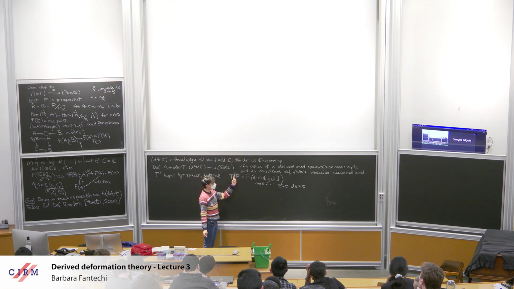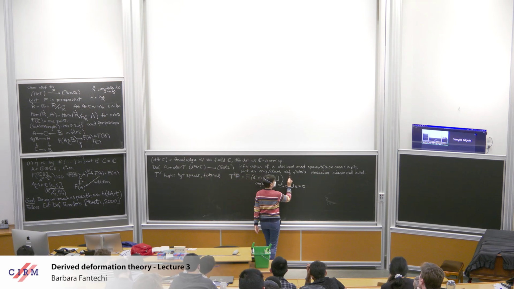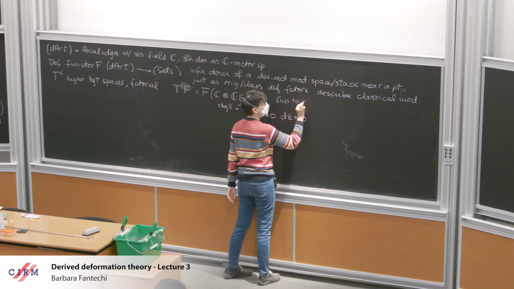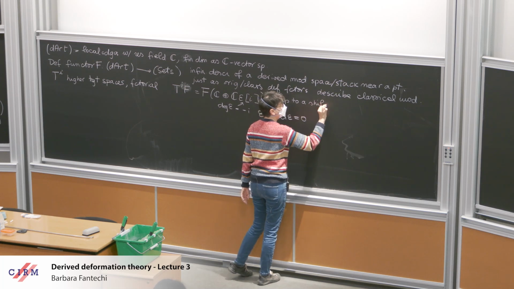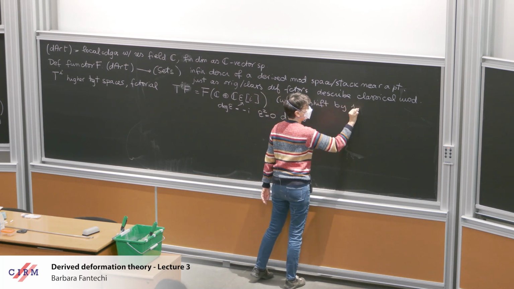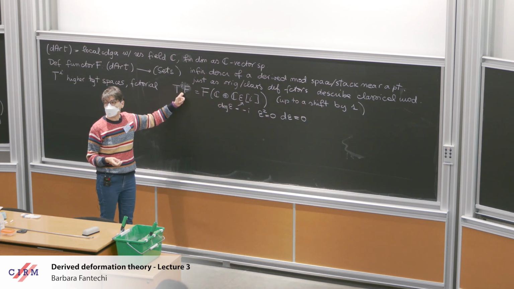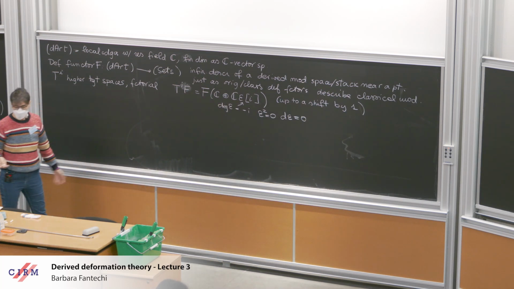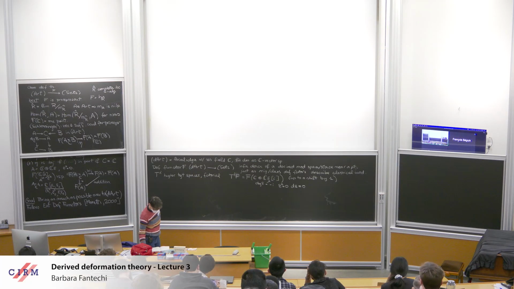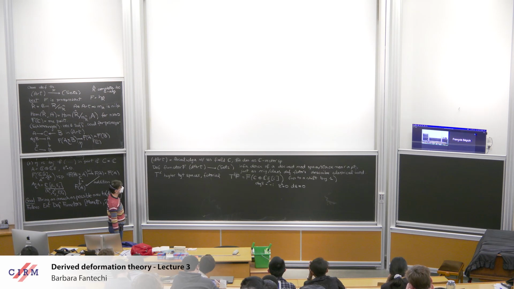And here again, there could be a shift by one. Again, as I told you, there are these two traditions how to index the higher tangent spaces, and I am not going to be precise about that because this is not so important. It's just a matter of how you call it.